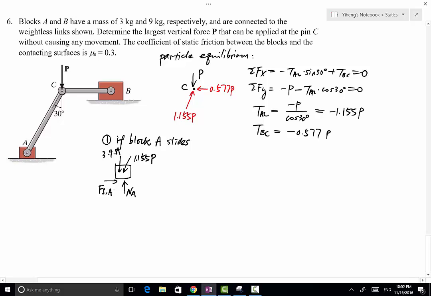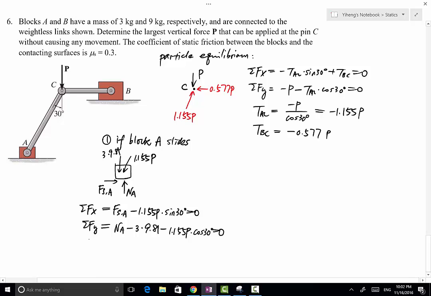So along the x direction, we have F_SA minus 1.155 P times sine 30 degrees equals 0. The resultant force along the y direction equals N_A minus 3 times 9.81 minus 1.155 P times cosine 30 degrees equals 0.